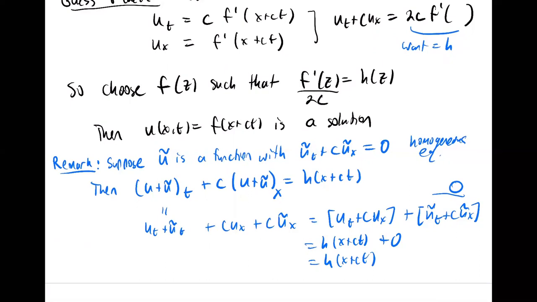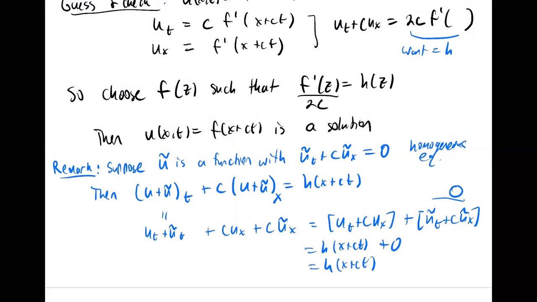And so it turns out that the general solution is going to be found by basically adding a solution to the homogeneous equation to the solution that we just found, right? And so, well, we know how to solve the homogeneous equation just because, again, we spent the second lecture discussing this method.